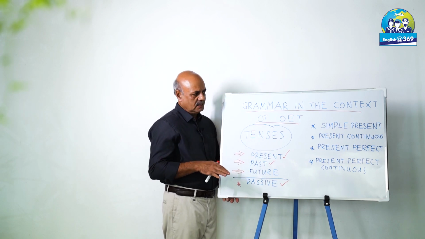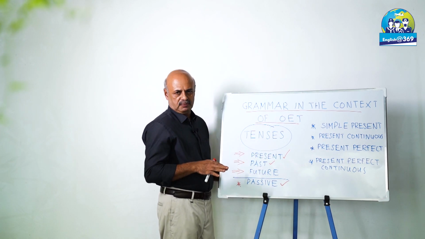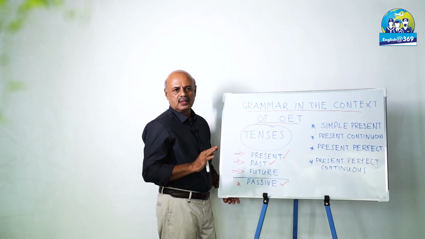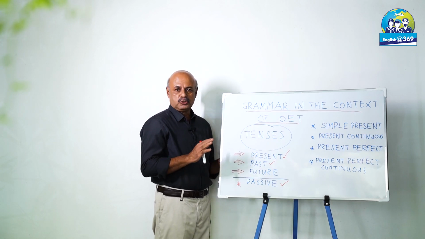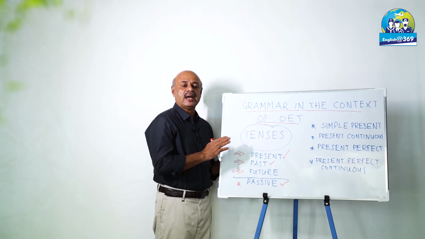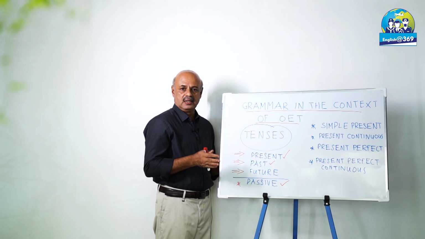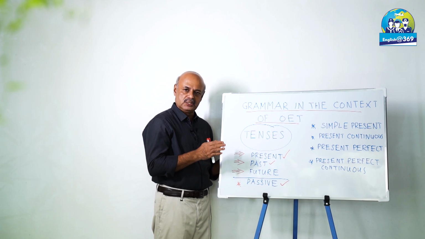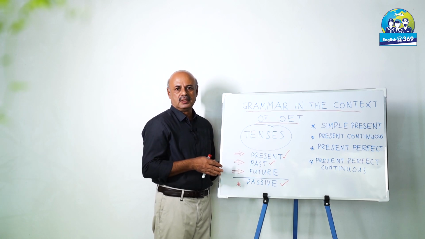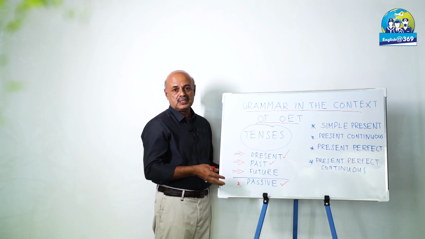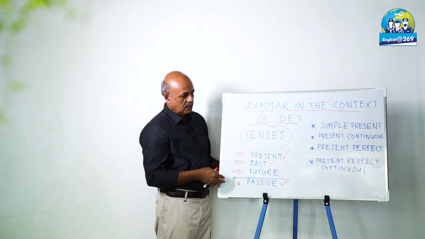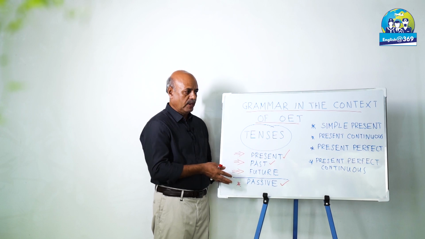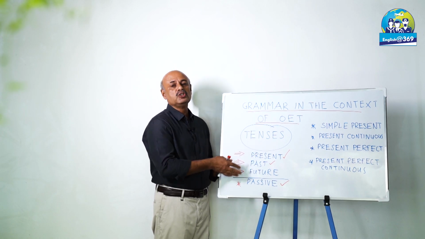Before we go into that, just a small introduction. Keep that in mind. Social background, social history, family background, lifestyle, and regular habits, all these things are written in present tense. It can be present perfect continuous, or present perfect, or simple present, or even present continuous.